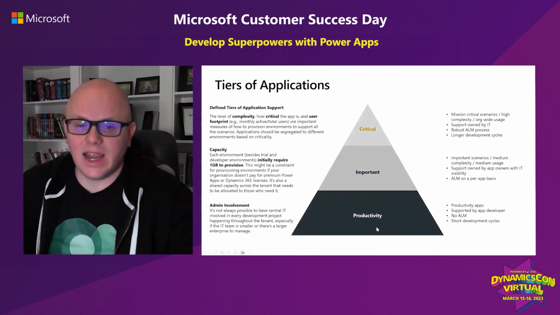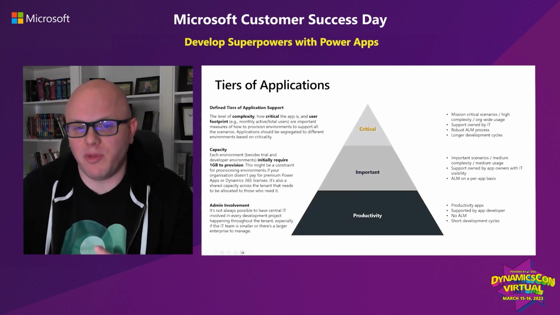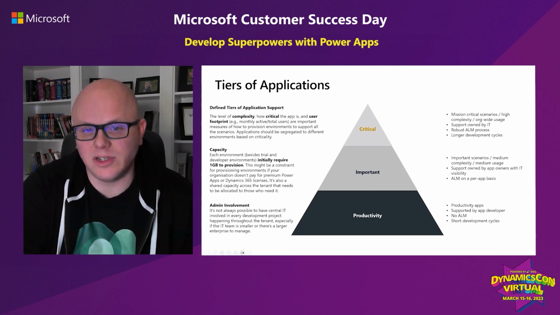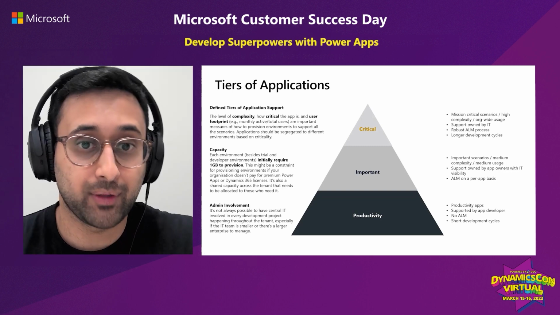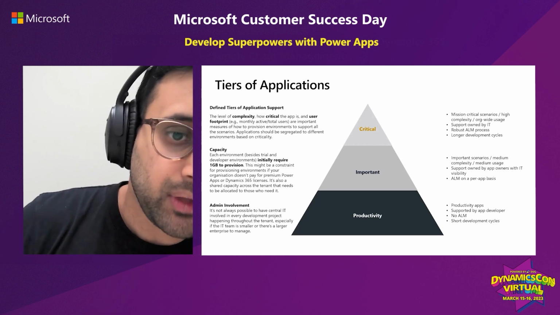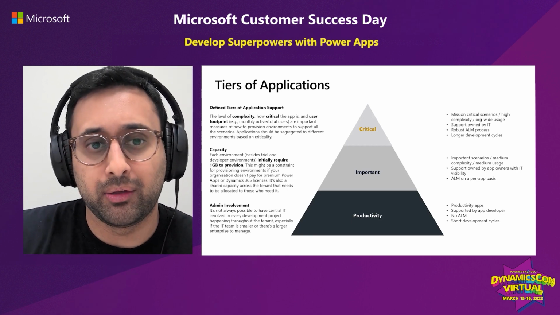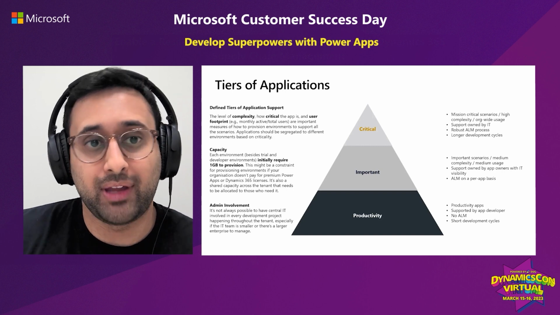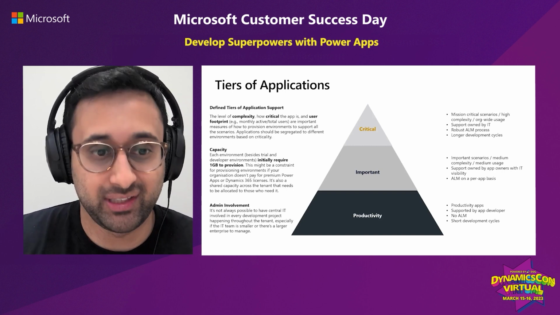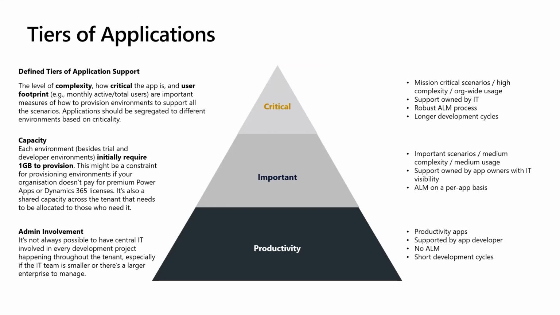Jay, do you want to take a second and talk about the tiers of applications and how that plays into the environment structure? Yeah, of course. So at a very basic level, we recommend that you break your applications into 3 different tiers. So the highest level is your critical applications. These are ones that your business heavily relies on and will cause big issues if they break.